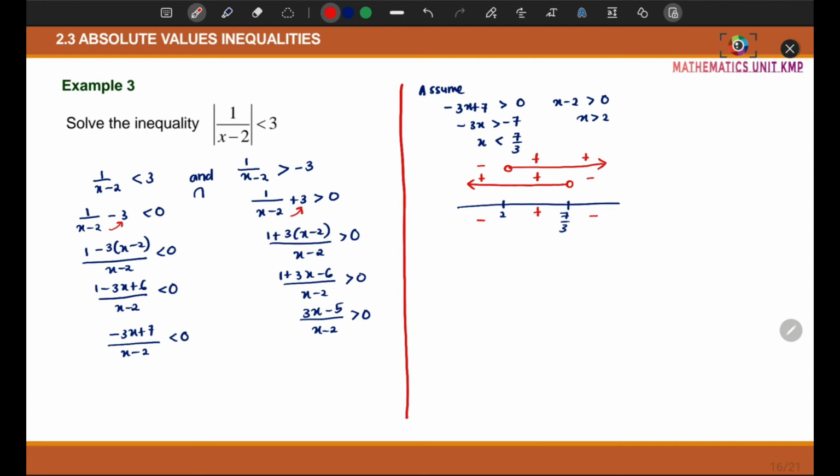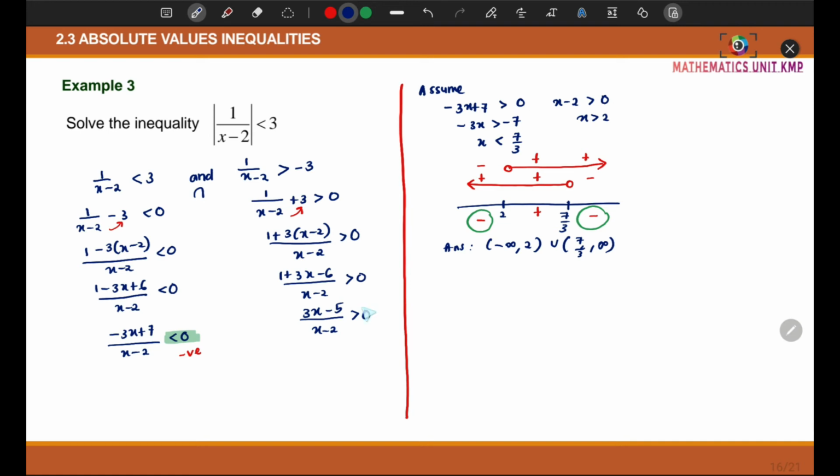How do we choose the answer? Look at the sign here. Less than 0 means that we need a negative sign to be the answer. So this interval and this interval is the answer. We have negative infinity to 2 union 7/3 to infinity.